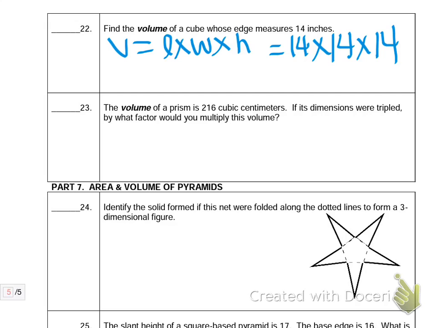Number 23, the volume of a prism is 216 cubic centimeters. If its dimensions were tripled, what factor would you multiply its volume by? Okay, so we have a volume of a prism is 216. So the dimensions of this prism are our length, our width, and our height.